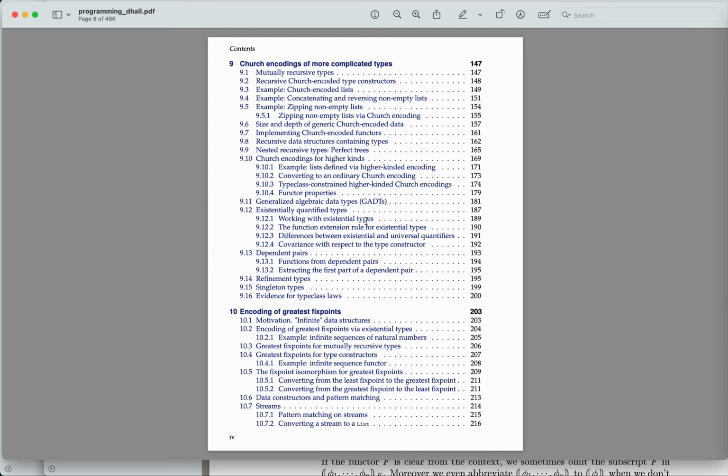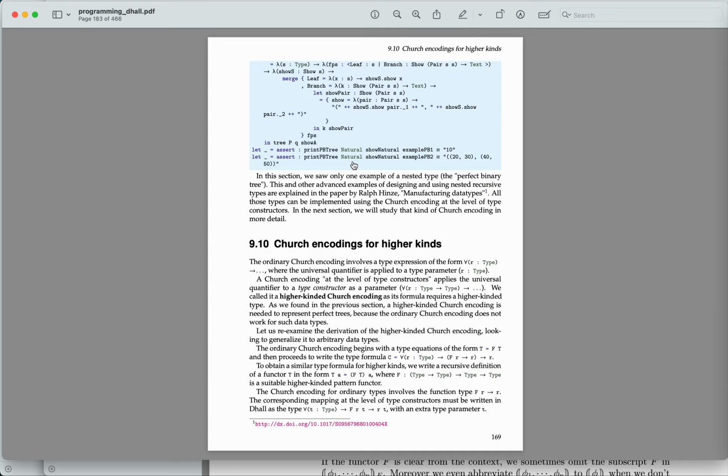To me, this actually gave me more understanding, more intuition about those things, about, well, what is the higher kind of type? What is the generalized algebraic data type? It turns out, for example, that for certain data types, you need more lambdas than for others. Or for certain data types, you need a higher-kinded Church encoding.